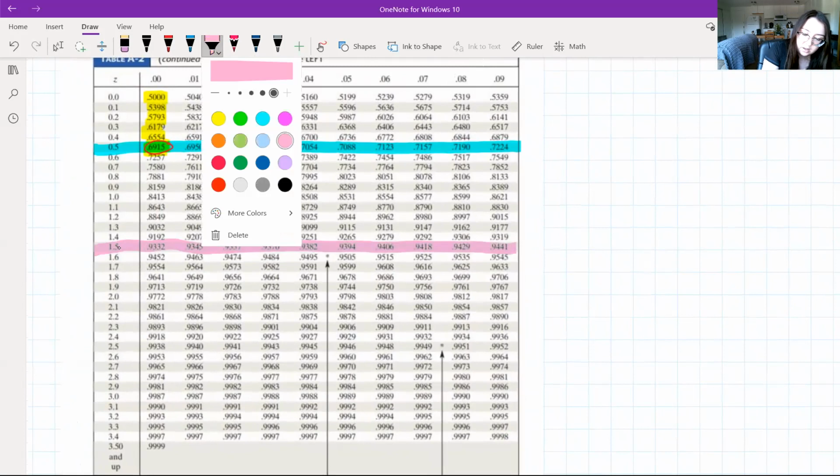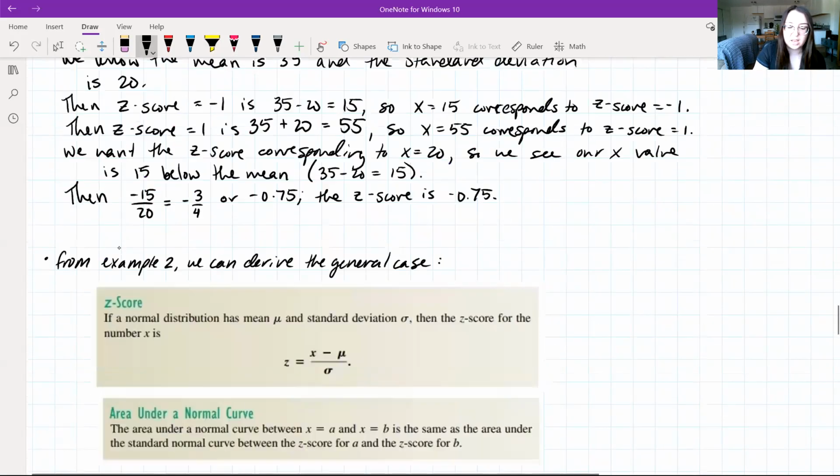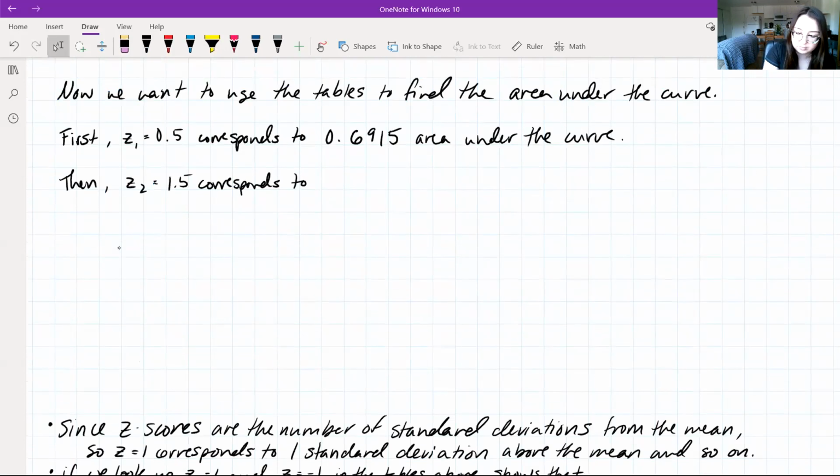And we also know that we want 1.50, so our second decimal point needs to be 0, which is also going to be the first column, just like in the first problem. We find this value, 0.9332. And this is area under the curve.